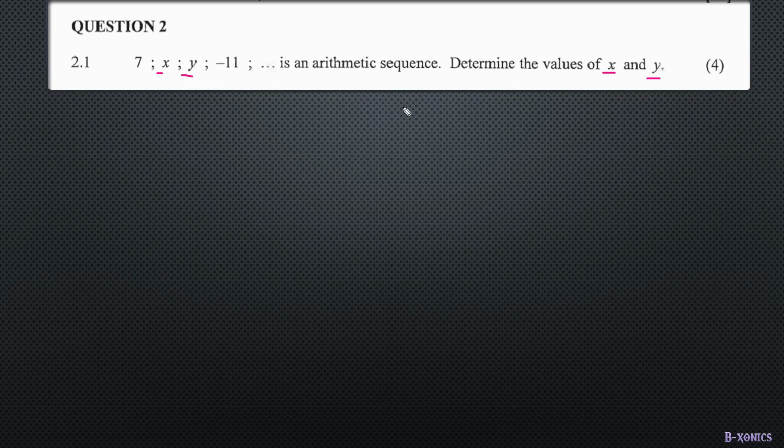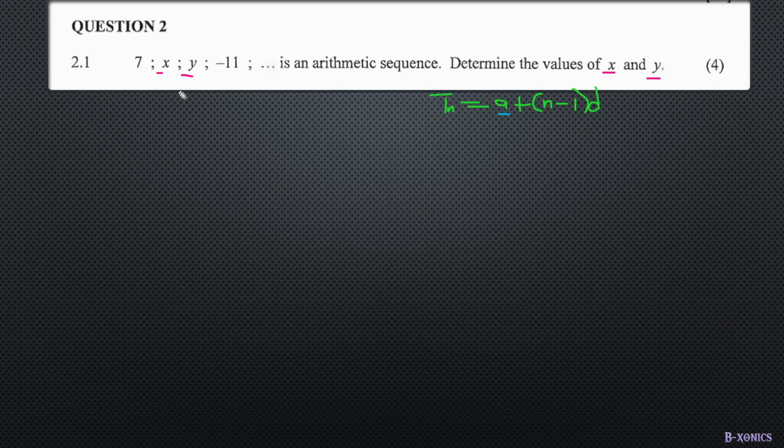Then make sure that you write the formula Tn equals a plus (n minus 1) d, where d is your difference. With this, you'll be able to solve this question as you know the formula.